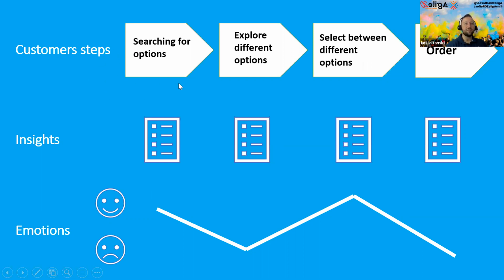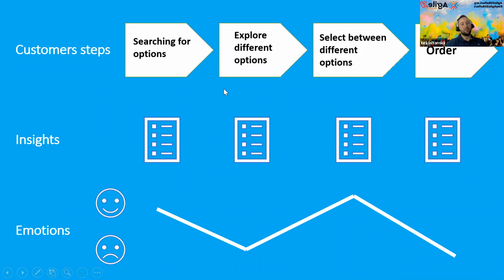Basically, these are the steps of our journey. First of all, searching for options. After that, exploring different options. Next, selecting between different options. And after that, the customer would place an order.